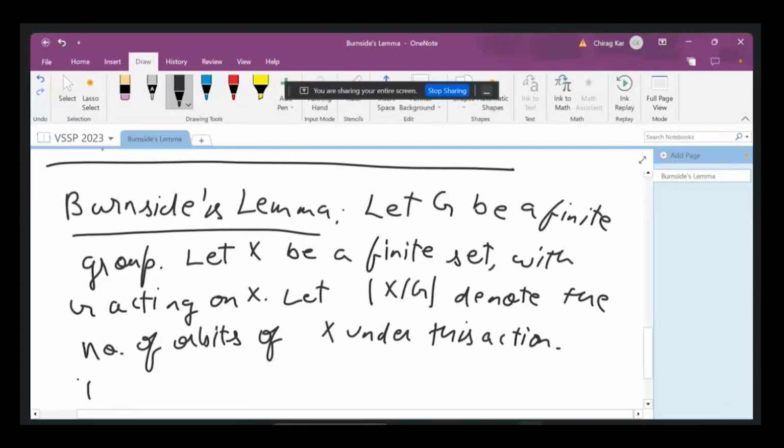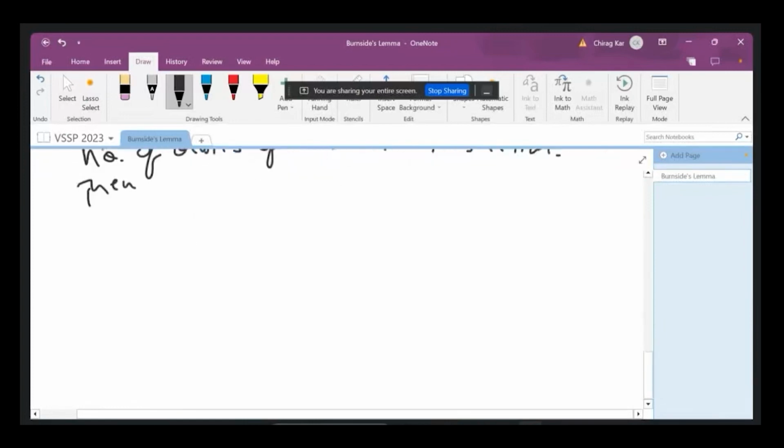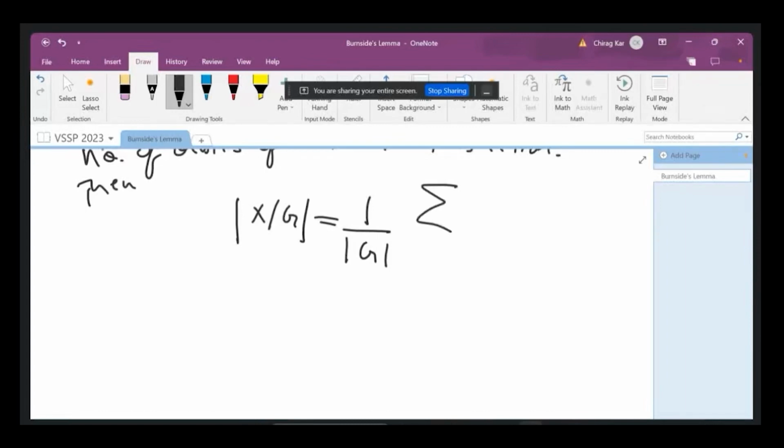Then what we basically have is the cardinality of the number of orbits, this is what we're denoting it by, is equal to 1 over the cardinality of G, or rather the order of G, times basically enumerating over G what we call the fix of g.